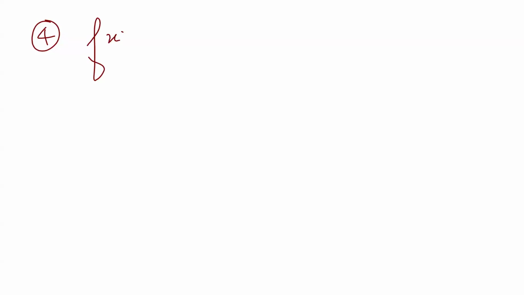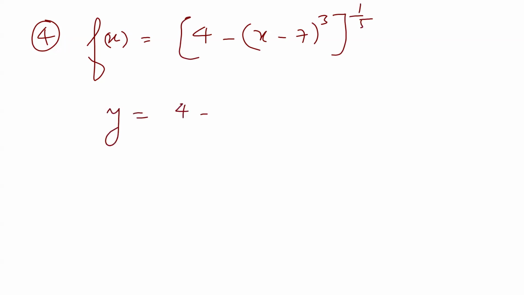F of x is equal to 4 minus x minus 7, the whole cube, raised to 1 by 5. So y is equal to 4 minus x minus 7, the whole cube, raised to 1 by 5. 1 by 5 as a power, if it is going on the other side, it will become 5.